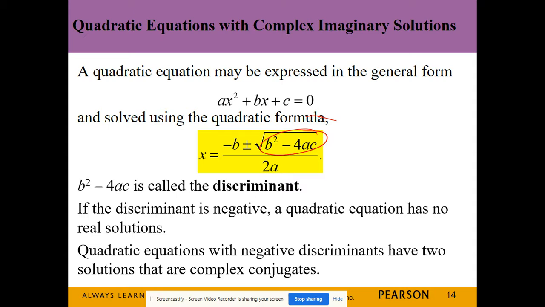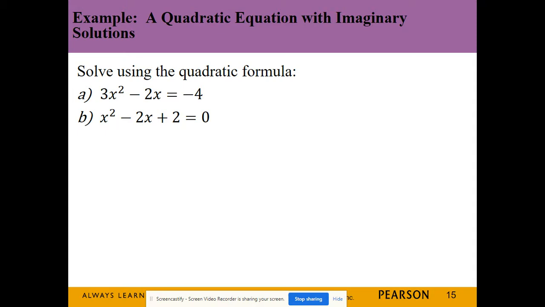And you'll end up with two imaginary solutions, and they will be conjugates. All right, so the first equation, you need it in standard form to be able to do this. So we're going to add 4 to both sides. So you have 3x squared minus 2x plus 4.